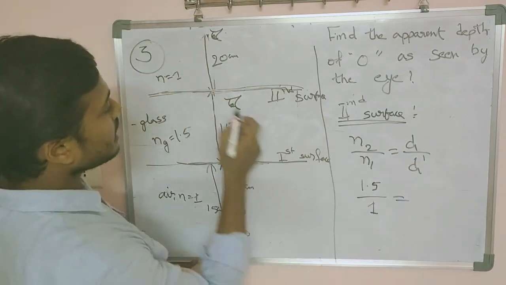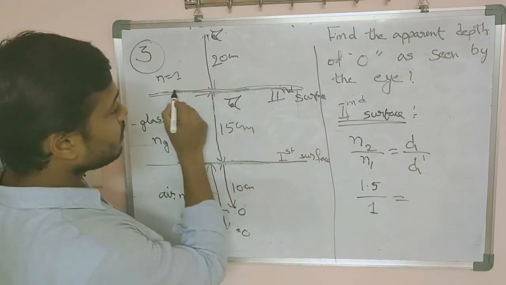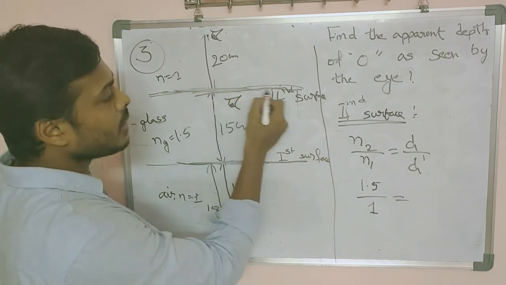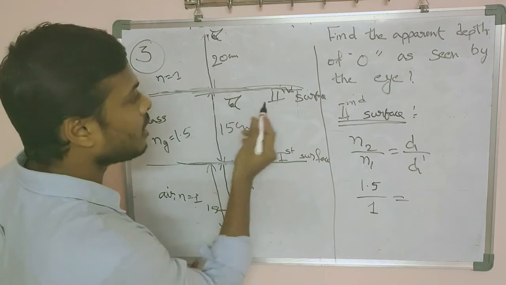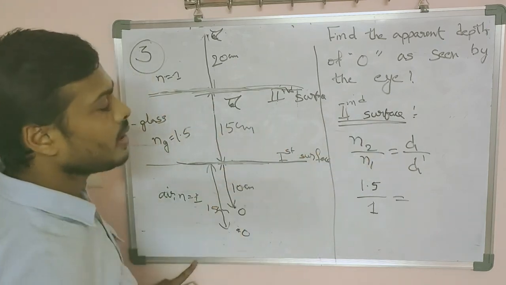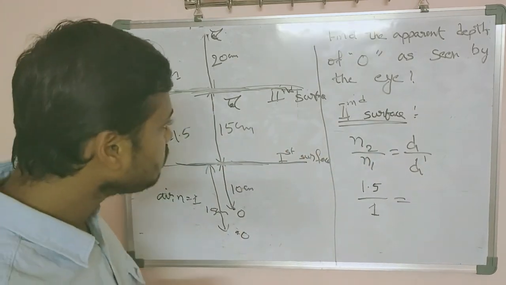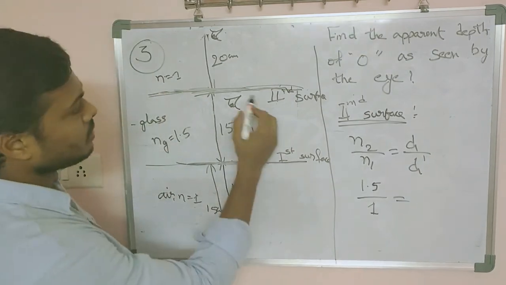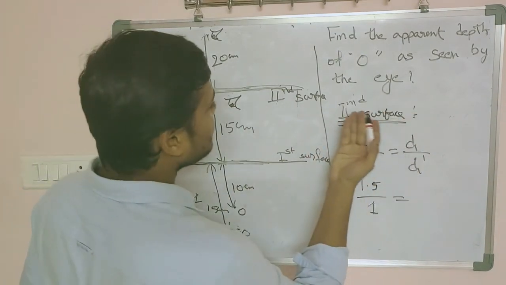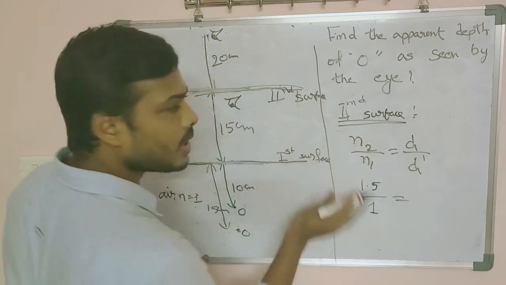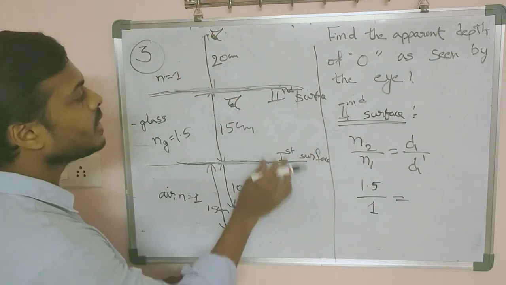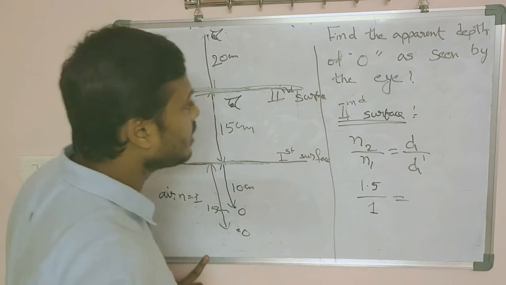What is d? d is the real depth from this surface, because we are calculating now at the second surface. We are in the second refraction. Already we have learned about the first refraction, and now we are here at the second refraction.